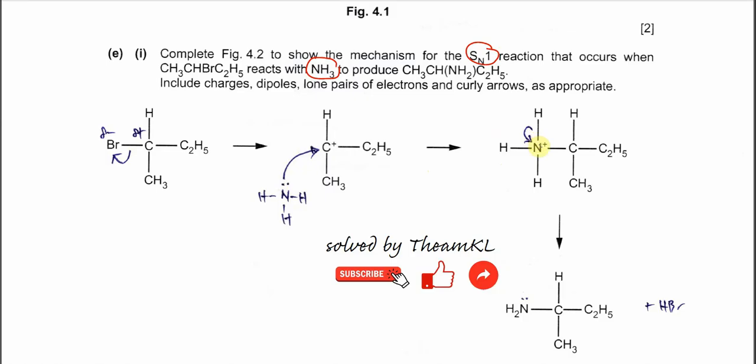So one of the N-H bonds breaks, and this arrow must be drawn from the N-H bond and point to the nitrogen to show that the lone pair will reform on the nitrogen. So it means later the H+ will be released, and the H+ will combine with the bromide just now to form the HBr.